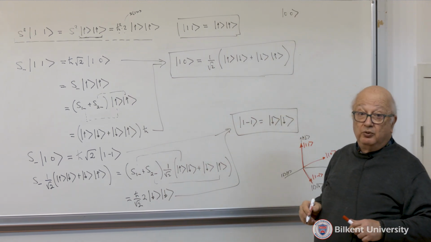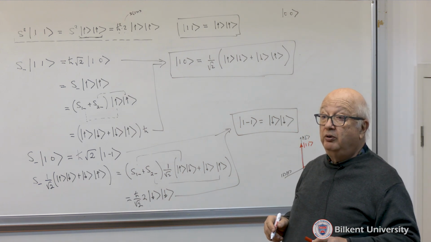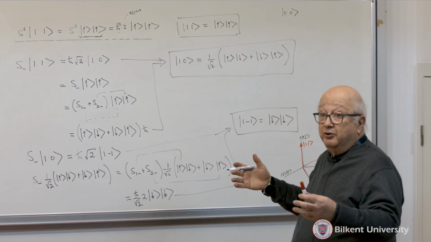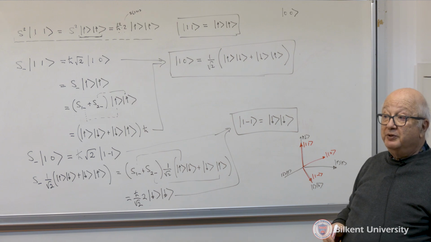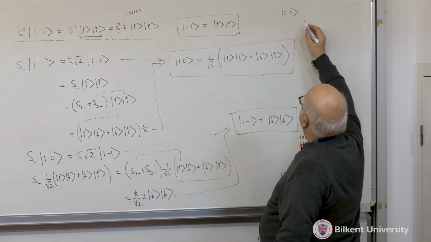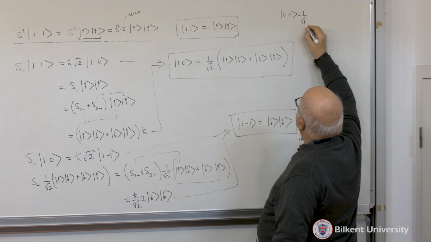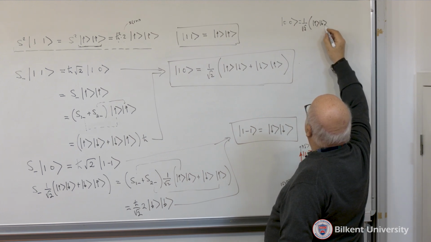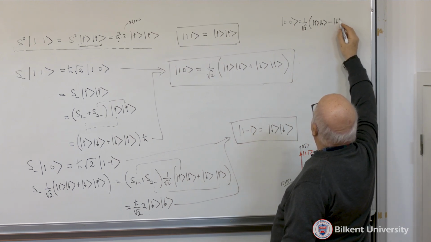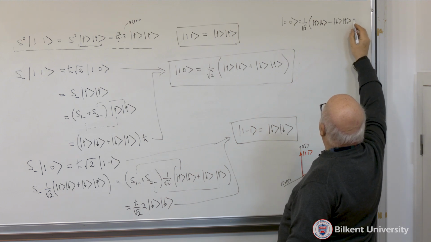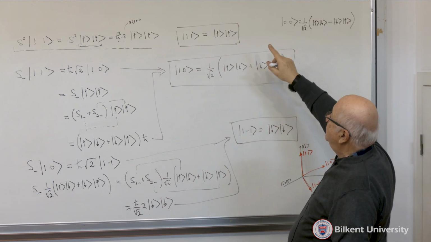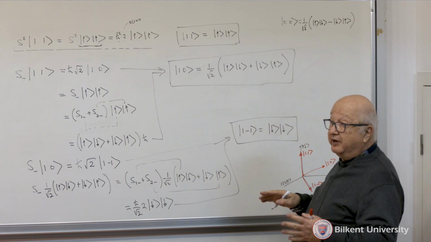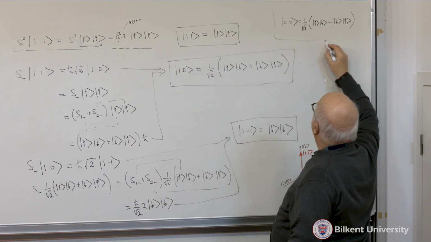What does that mean? Total angular momentum is 0. And since the total angular momentum is 0, the z component of the spin is going to be 0. There's no other way. So this is going to be 1 over root 2, up, down, minus, down, up. Now, how did I do that? By just making sure that it is orthogonal to all of these things, but obviously you have to verify this. You shouldn't trust me.